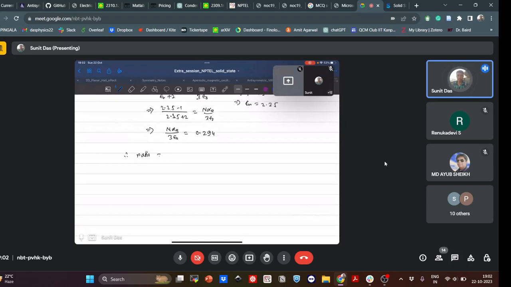Then the ratio, alpha e by alpha, electronic to total, will be n alpha e by 3 epsilon 0 divided by n alpha by 3 epsilon 0.